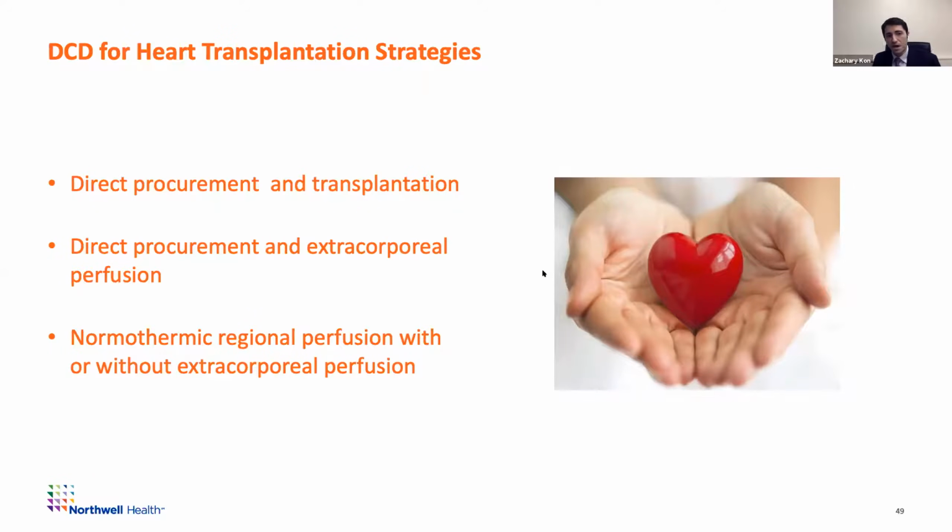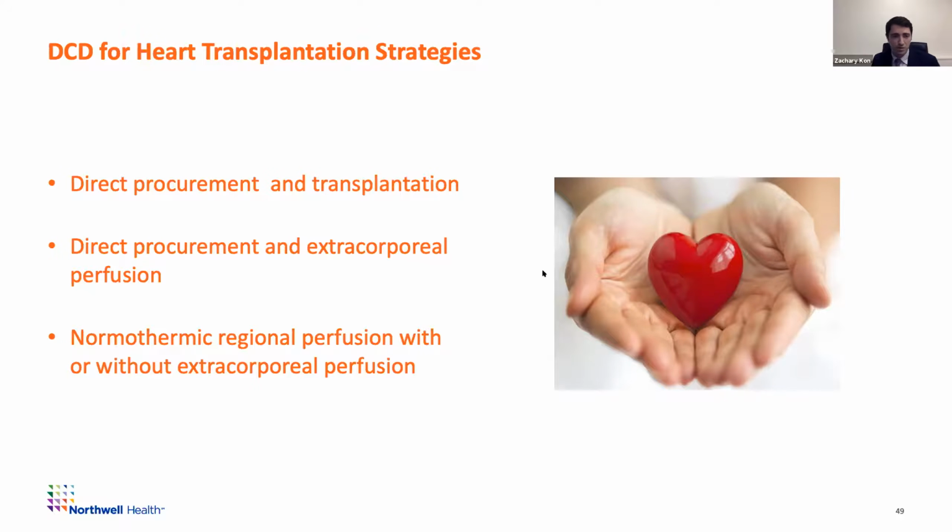So the 3 strategies, and I'm not going to belabor the extracorporeal perfusion component, but there is direct procurement and transplantation, which was the case in the Colorado group, and it was the case with Christiaan Barnard in 1967, where recipient and donors are co-located in a very rapid explant of the heart after arrest takes place.